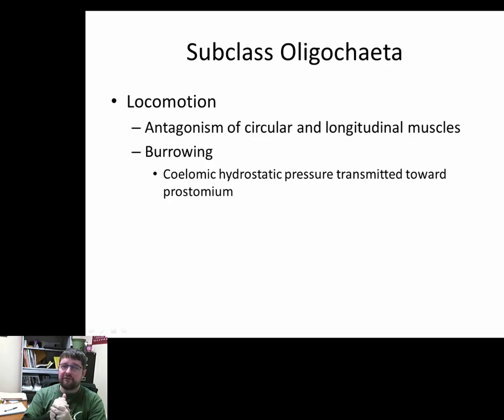So they have the capability of burrowing, so both freshwater and terrestrial oligochaetes burrow. And they have this capability of increasing the hydrostatic pressure to push their way through the soil. Most of you have probably experienced this before.